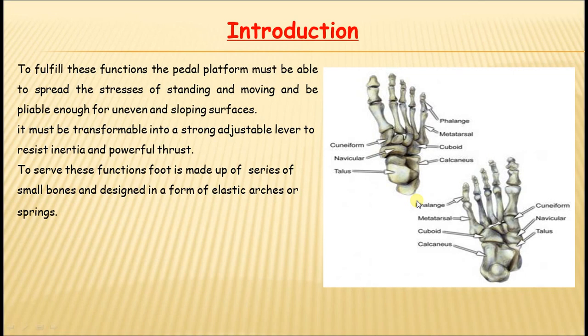Definitely a single piece of bone would serve the purpose of weight bearing, and it would also serve the purpose of locomotion or propulsion. You might think that if it is a single piece of bone, we will get better balance and we need not have so many ligaments and muscles maintaining all these bones. But what happens is we won't be able to adapt the foot for walking on different surfaces.